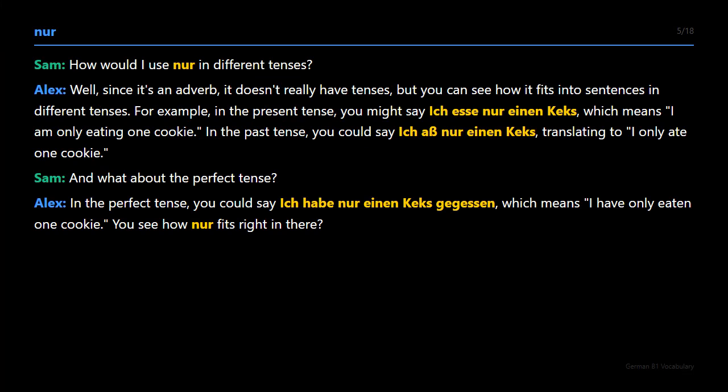And what about the perfect tense? In the perfect tense, you could say, Ich habe nur einen Keks gegessen, which means I have only eaten one cookie. You see how Nur fits right in there. Yes, that's clear.